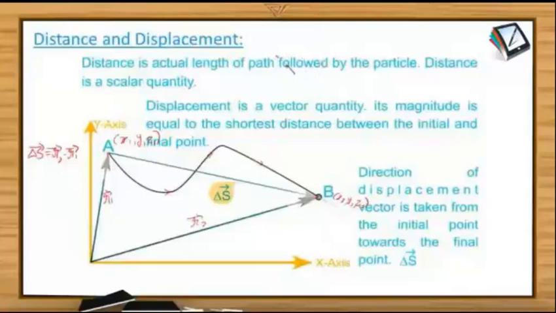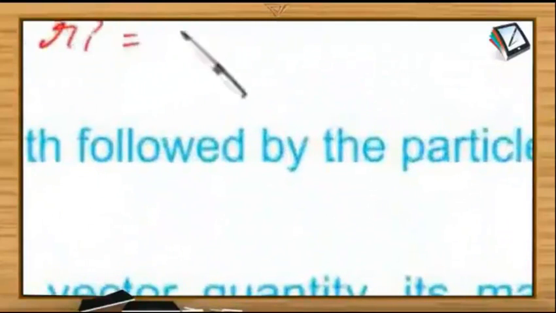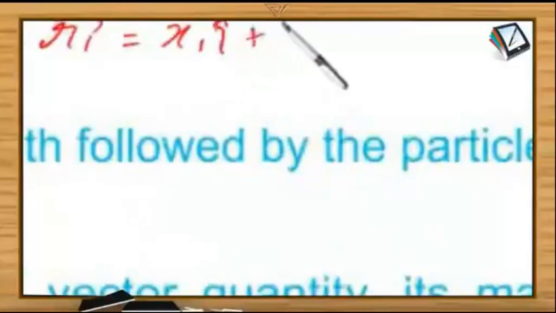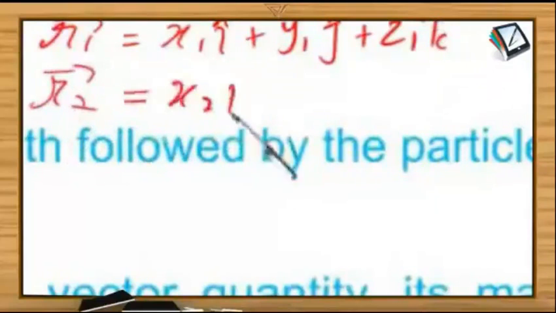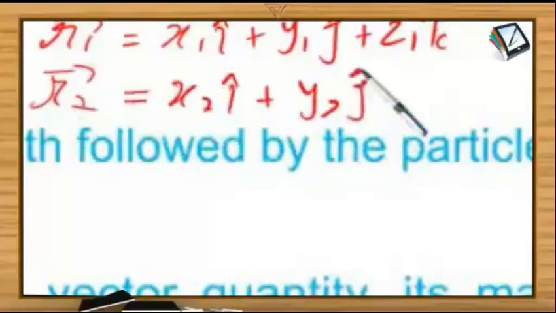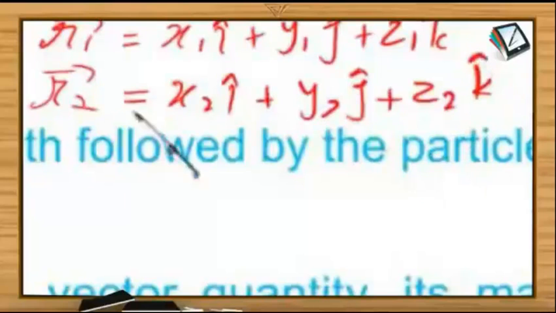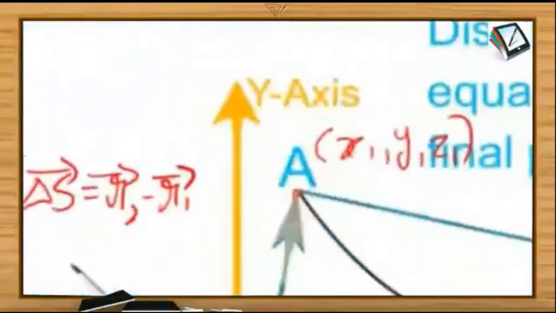So here, knowing the coordinates of the particle, we can always write the position vector like this: x1 i cap plus y1 j cap plus z1 k cap. In the same way we can write the second position vector of the same particle which has moved from the point A to the point B. And R2 minus R1 is the change in position, which is basically the displacement.